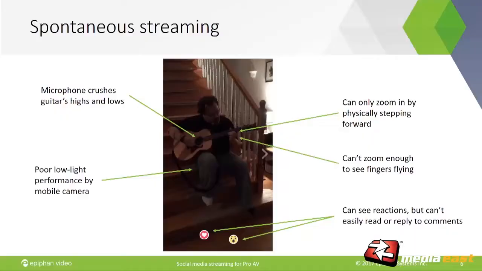And when you look, this is darker than it was on my screen, but basically this is a person playing guitar. And you can see that this was done with a tablet, and the problem with the tablet is you don't have a lot of control over exposure. You don't have a lot of control over the microphone and how that audio is being captured. And there's a real trade-off between getting close enough to the person that the microphone works well and blocks out some of the ambient noise, and pulling the camera away to a pleasing perspective that's flattering for your subject.